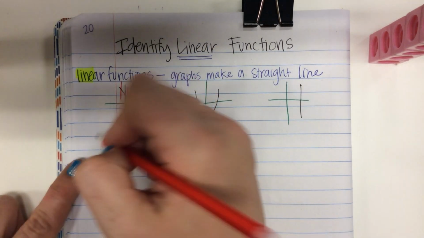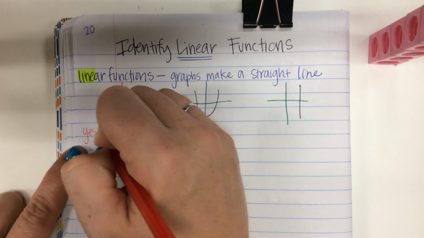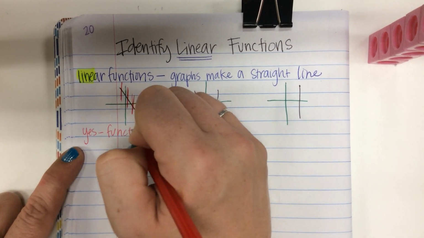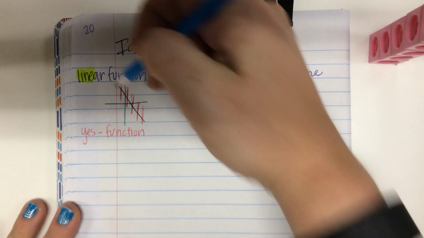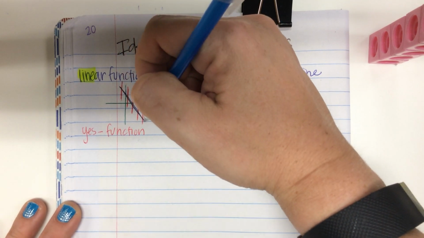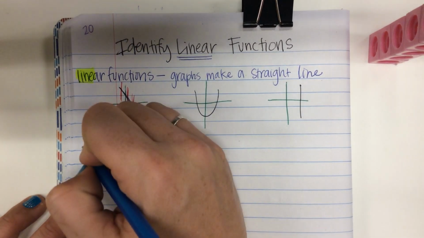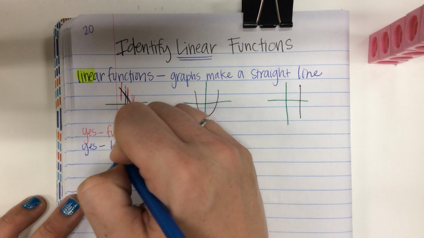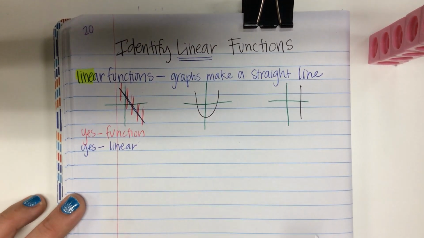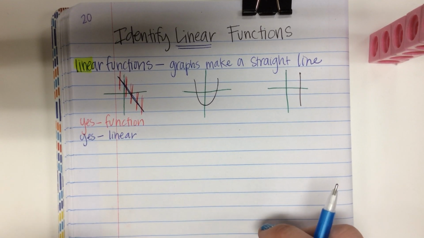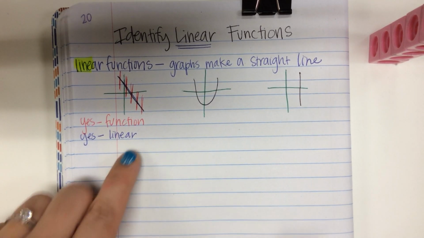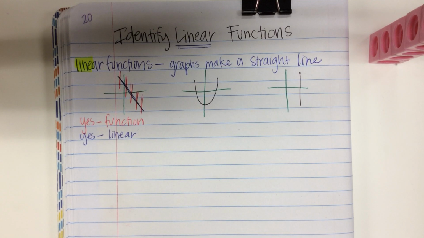Is that a function? Yes, it's a function. Is this linear? Yeah. Why is it linear? Well, it makes a straight line. So yes, it's a function, and yes, it's linear. So is it a linear function? Yes, it's a linear function.